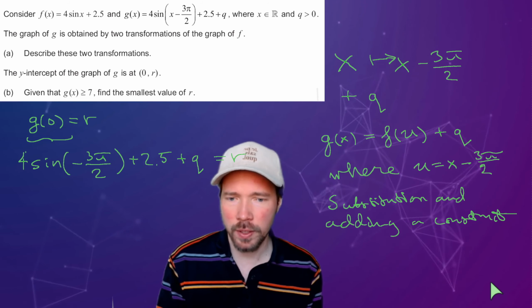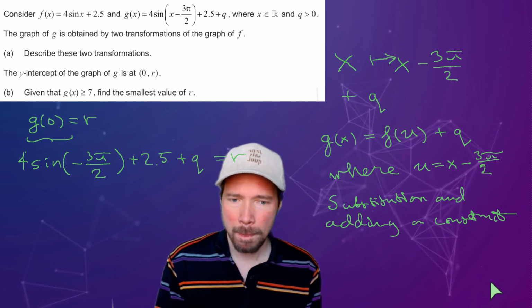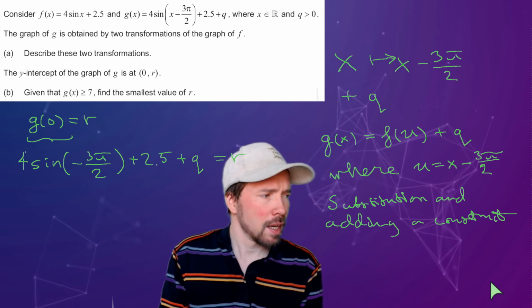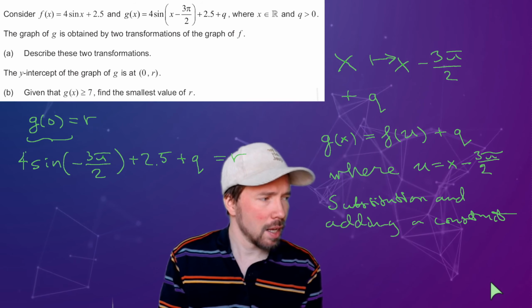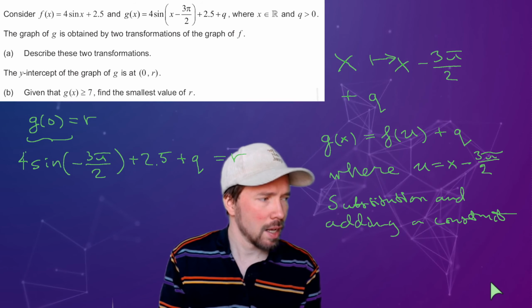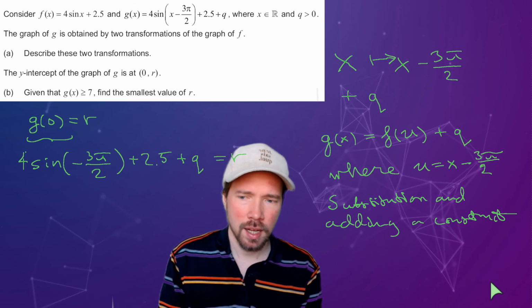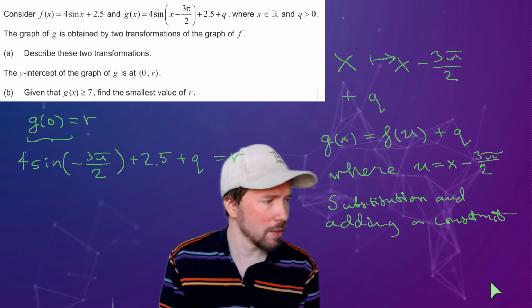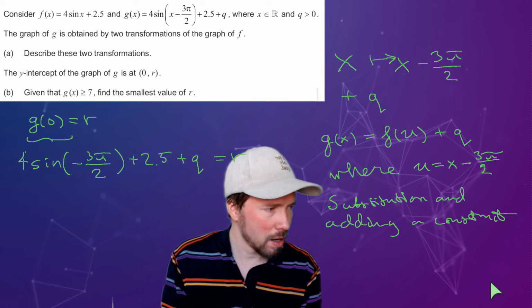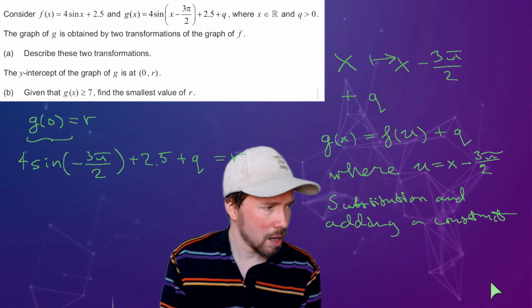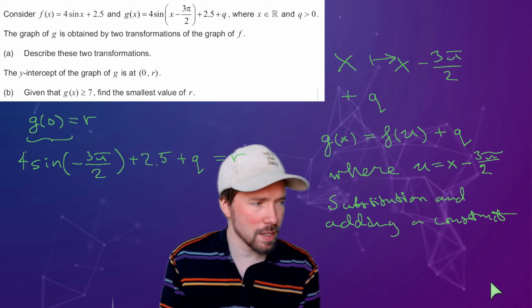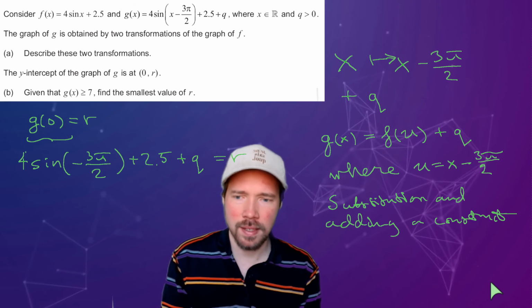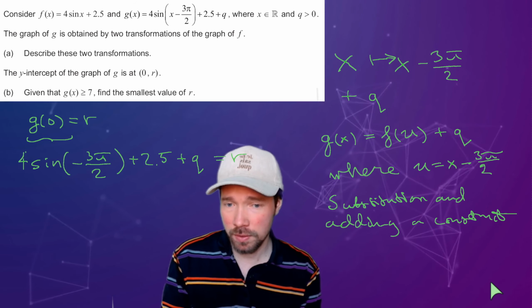Okay, so we have an equation like this. And the question is, what is the smallest value of r if g is at least 7? Well, g depends still on q.